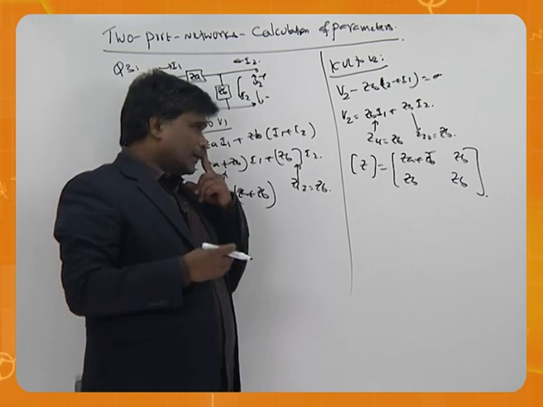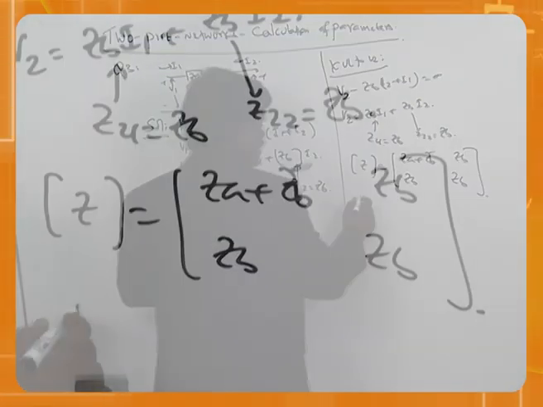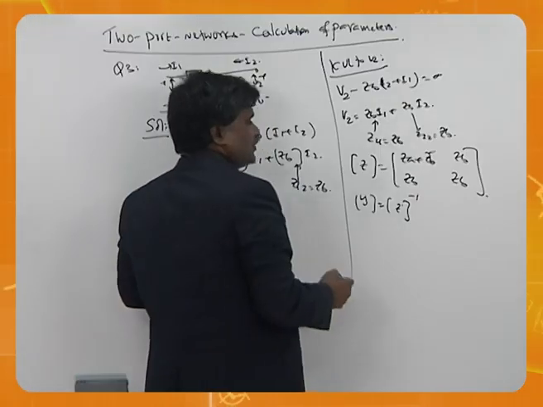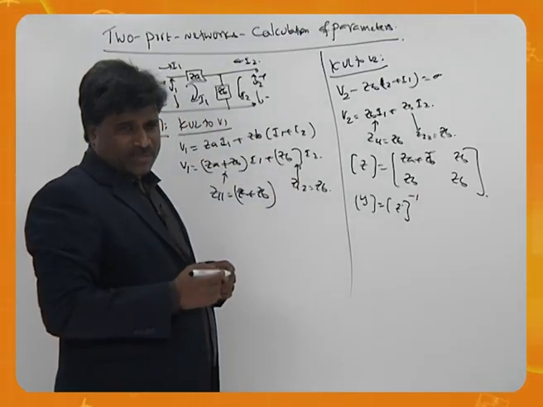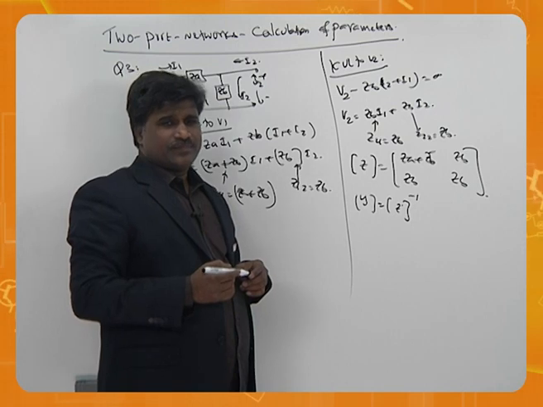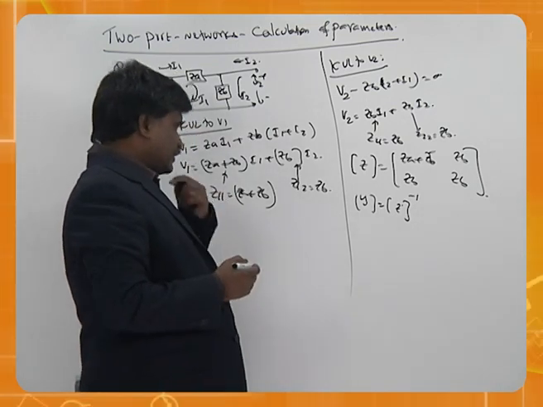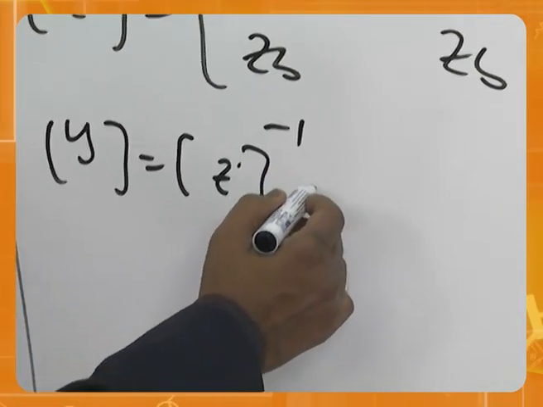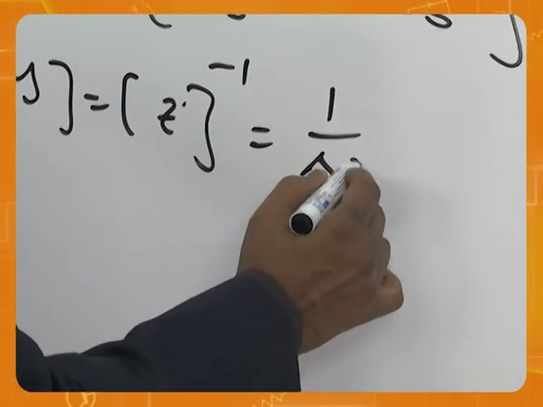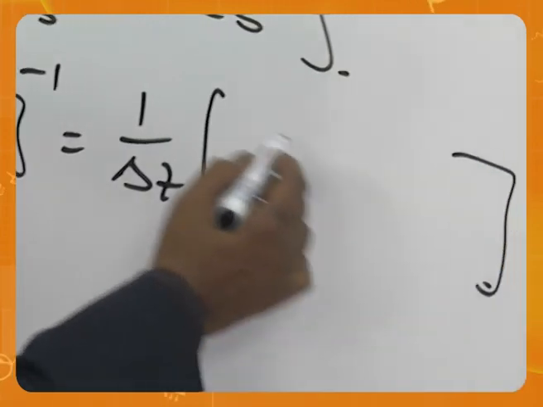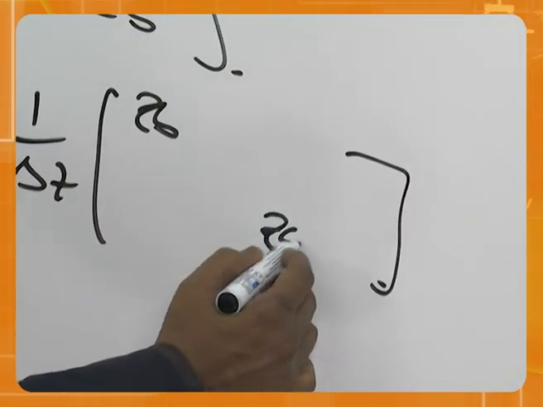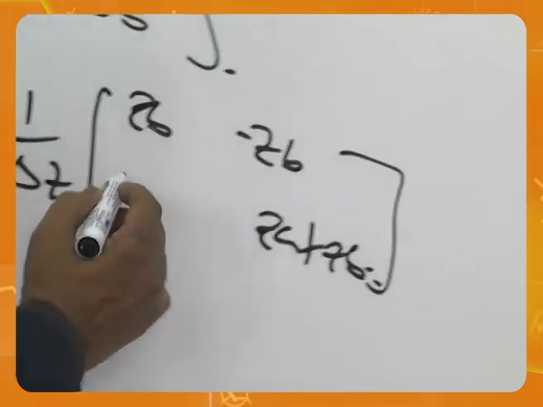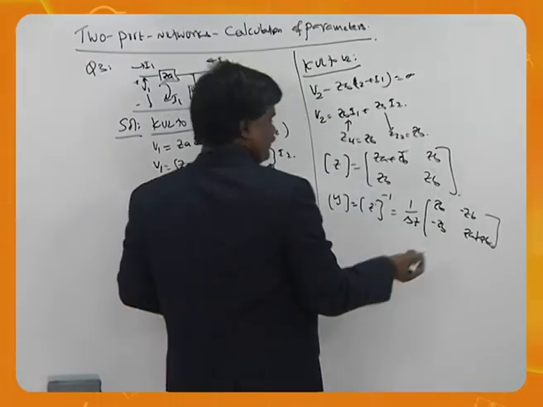And if you go for Y, what will happen is Z inverse. So calculate the inverse matrix. Okay. And if you calculate the inverse matrix, that is nothing but 1 by delta Z, then ZB comes here, ZA plus ZB comes here, minus ZB, minus ZB.